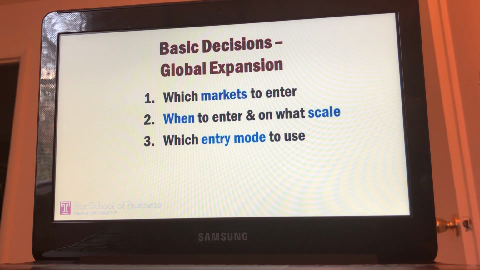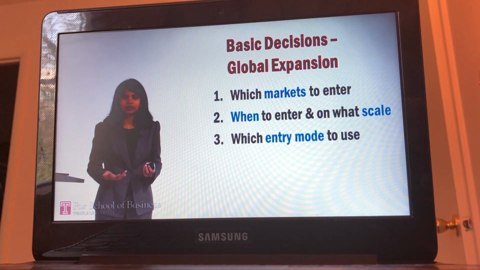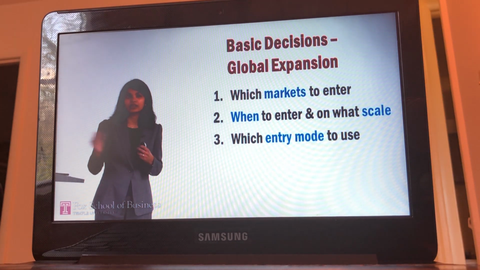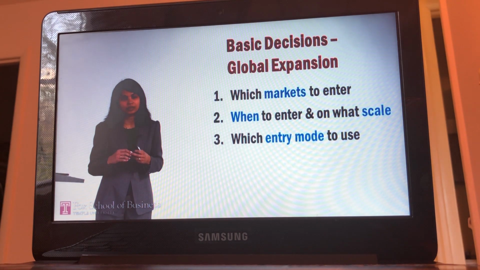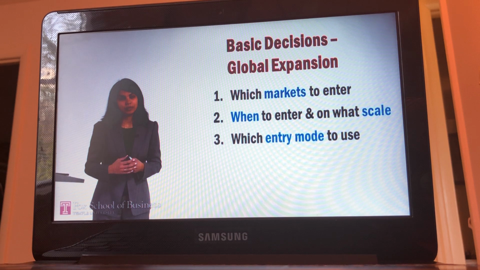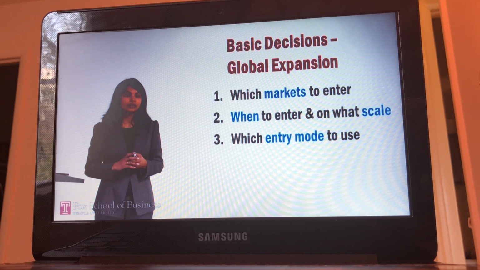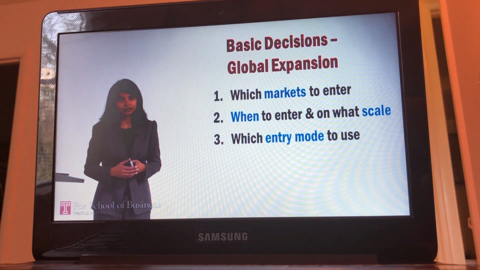So which market should I enter? Once I've decided that, out of these markets, let's say I'm focusing on these two markets to enter, the next question is, when should I enter this market? Should I wait till some other firms have entered that market, or should I be the first one amongst all other global competitors to be in that market? And related to that timing of entry question is, on what scale should I enter?